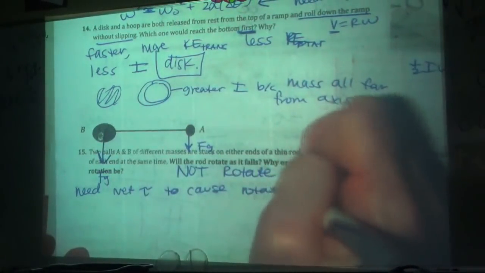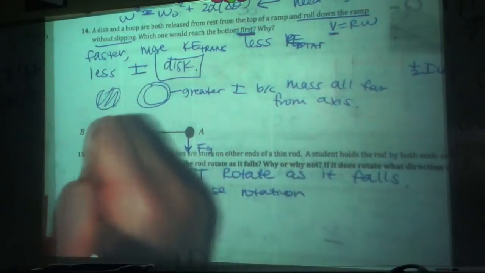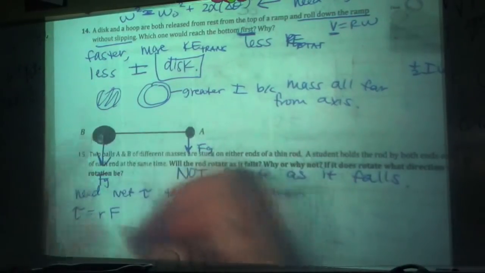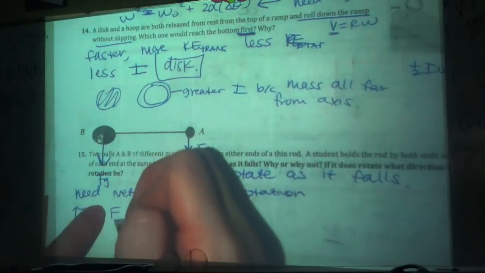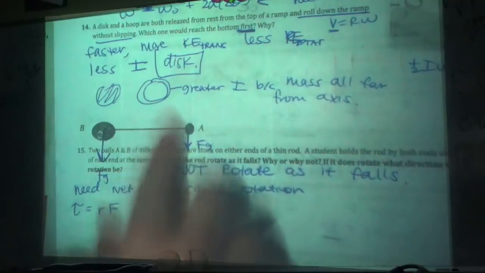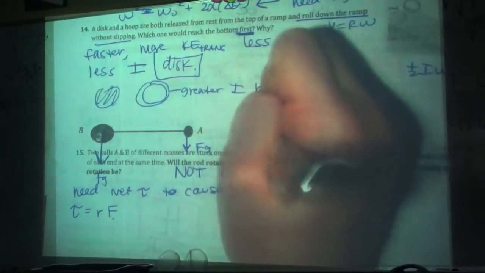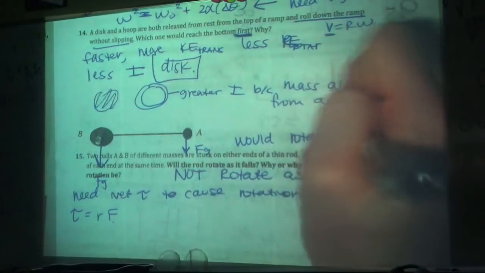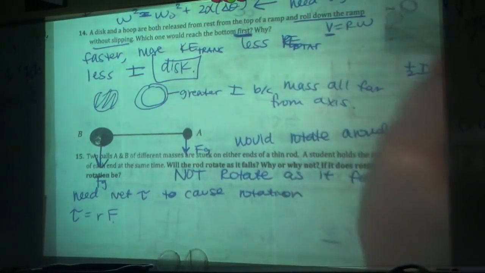But remember, torque is RF, and yes, B has a greater force, but we don't know what the R is. In fact, if it's not being held at a certain point, so that it has to rotate about that, it's going to just rotate around its own center of mass. So this would rotate around the center of mass.